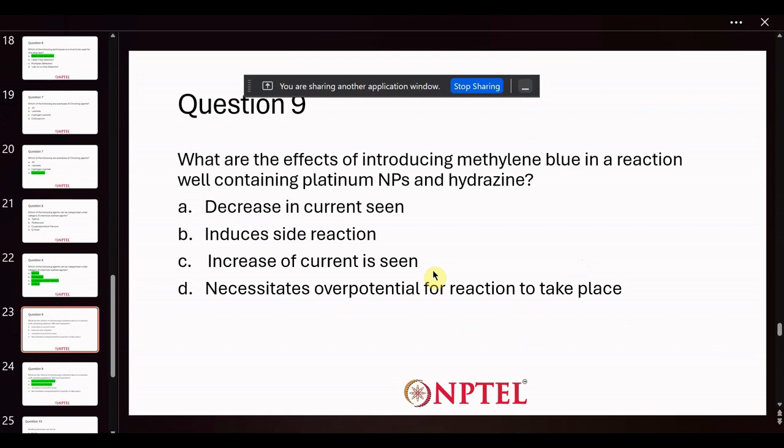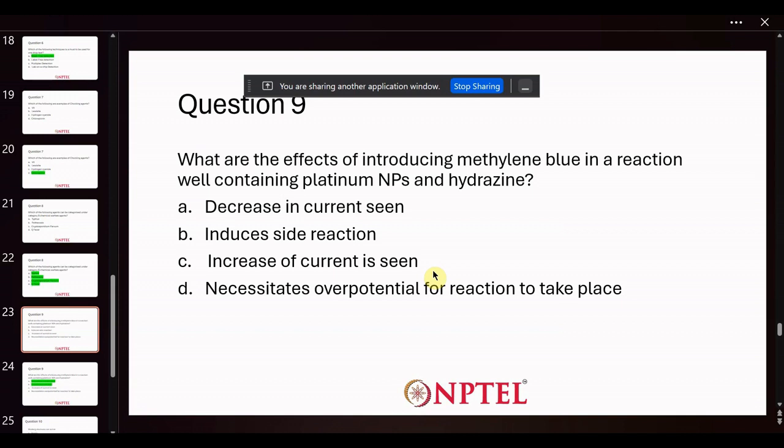Okay, so moving to the next question. What is the effect of introducing methylene blue in the reaction well containing platinum nanoparticle and hydrazine? Decrease in the current seen, induces side reactions, or increase in the current seen, necessitates overpotential reaction to take place. So why do you involve any nanoparticle?